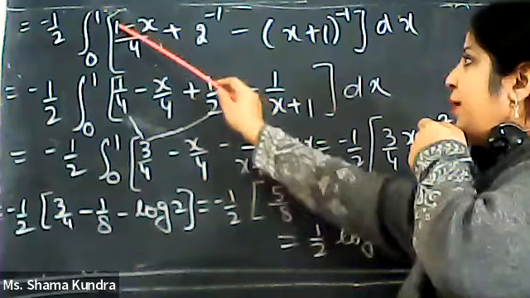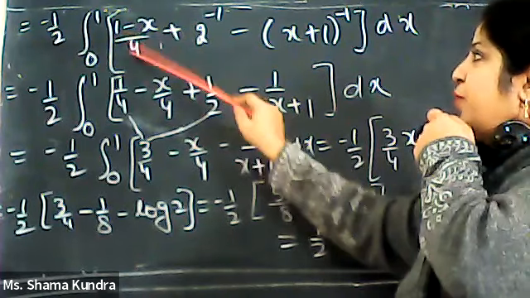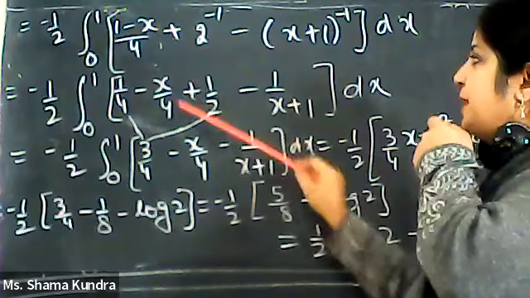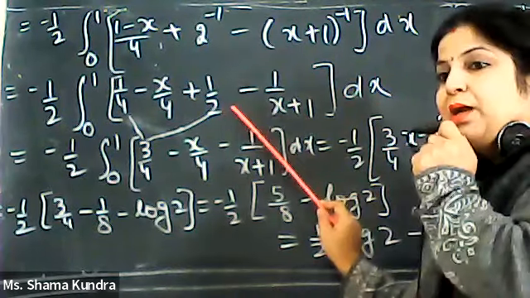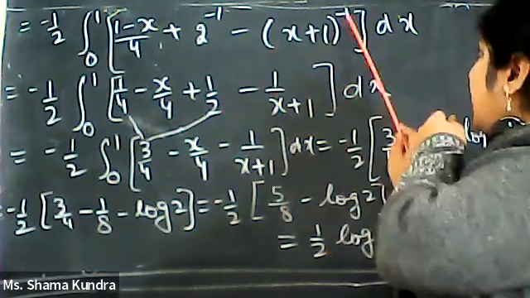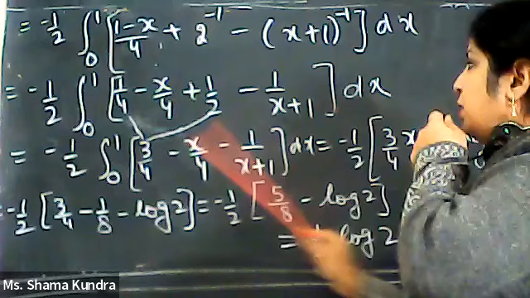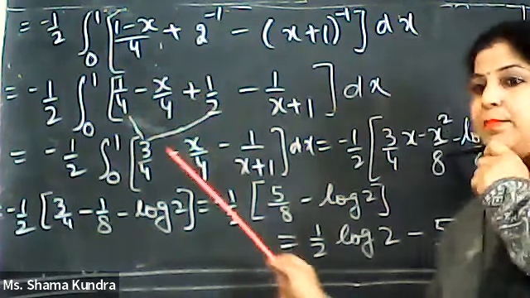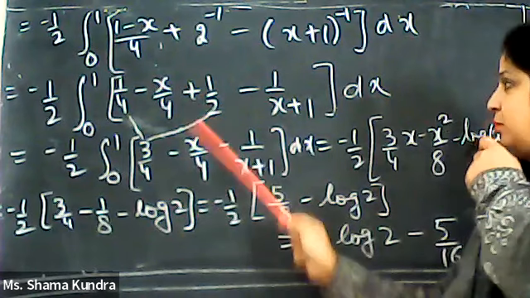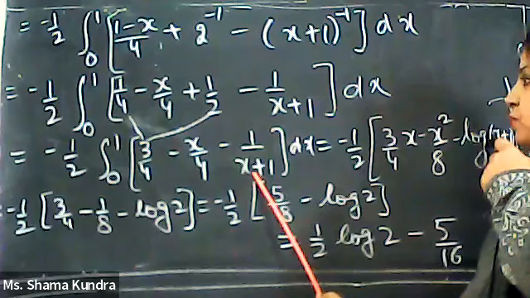I can separate 1 minus x by 4 as 1 by 4 minus x by 4. The power minus 1 becomes plus 1 in the denominator. Now 1 by 4 and 1 by 2, taking the LCM, we get 3 by 4, and this is minus x by 2 and 1 upon x plus 1.